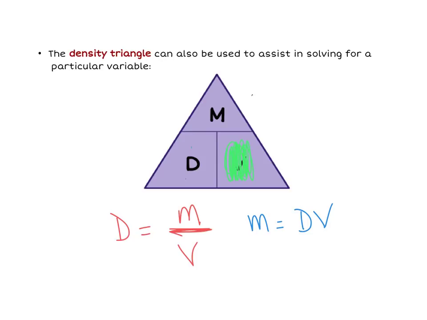I'm just going to scratch it out here and put v equals. The way that the other variables are arranged tells me how the formula needs to be arranged. Since m is on top of d, that means I'm dividing m by d, and now I've got my formulas organized.